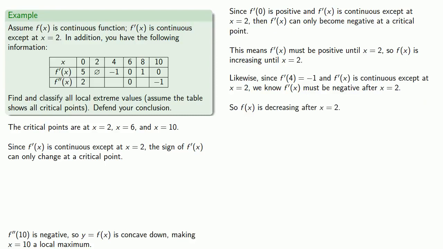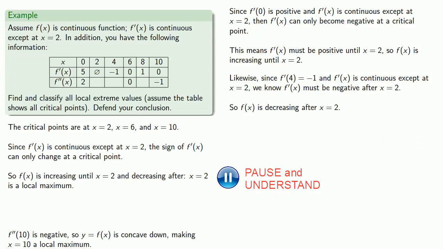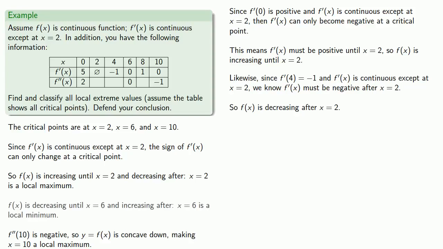So we know that f of x is increasing until x equals 2 and decreasing after, so that tells us x equals 2 is a local maximum value. We also know that f of x is decreasing until x equals 6 and increasing after, so that means that x equals 6 is a local minimum value. And since there are no other critical points, there are no other extreme values.